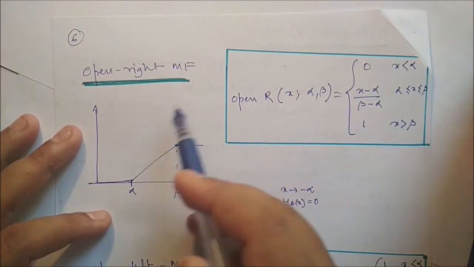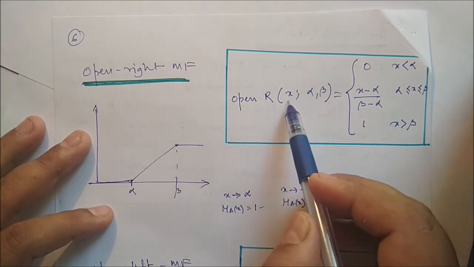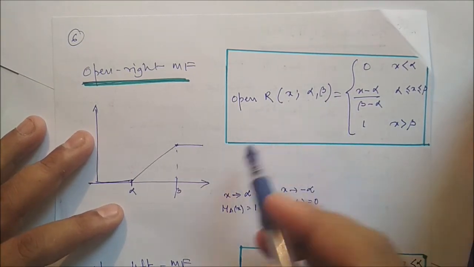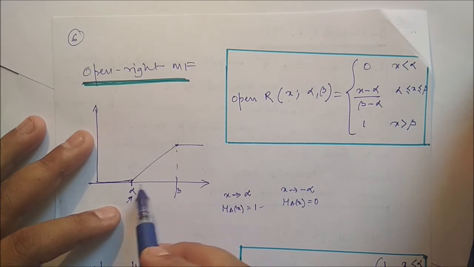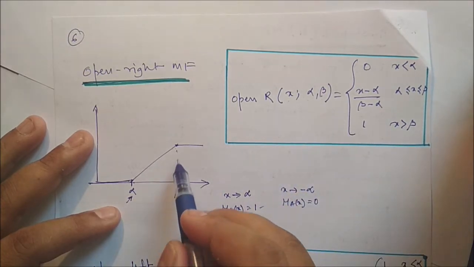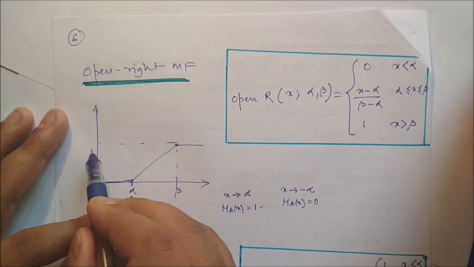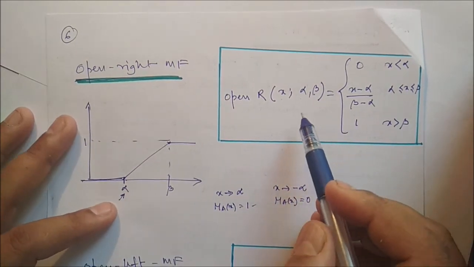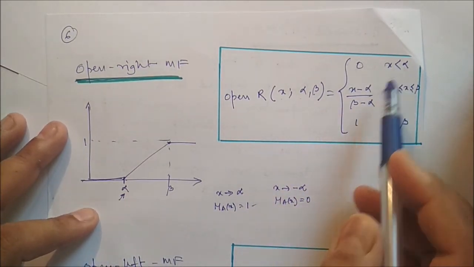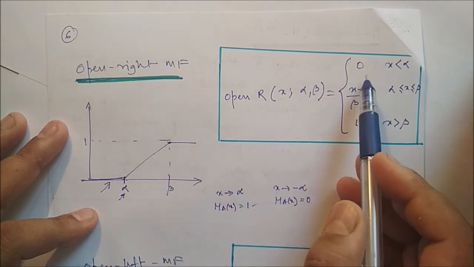So how to get the membership value of that? Here x, alpha comma beta. Alpha is where it is 0, when it touches the x-axis, and beta is where it touches 1, when the membership value is 1. If the value of x is less than alpha, somewhere here, then definitely it is 0.